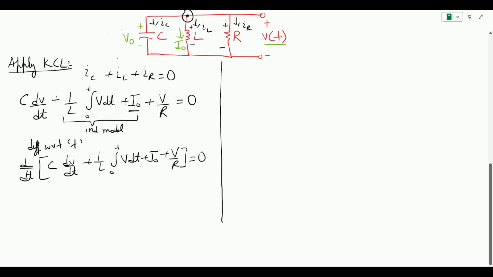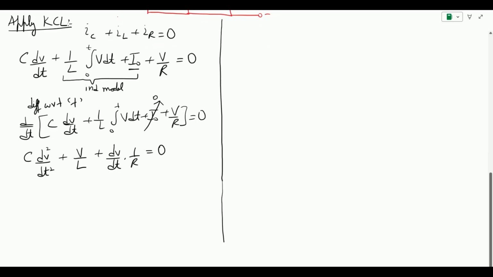Once we do the differentiation, our equation will become C d square V by dt square plus, since differentiation cancels out the integration, we'll be left with V by L, and I naught is a constant, so it vanishes. Then we'll be left with dV by dt times 1 by R, equals 0. This is the equation that we get once we apply the differentiation inside the equation.